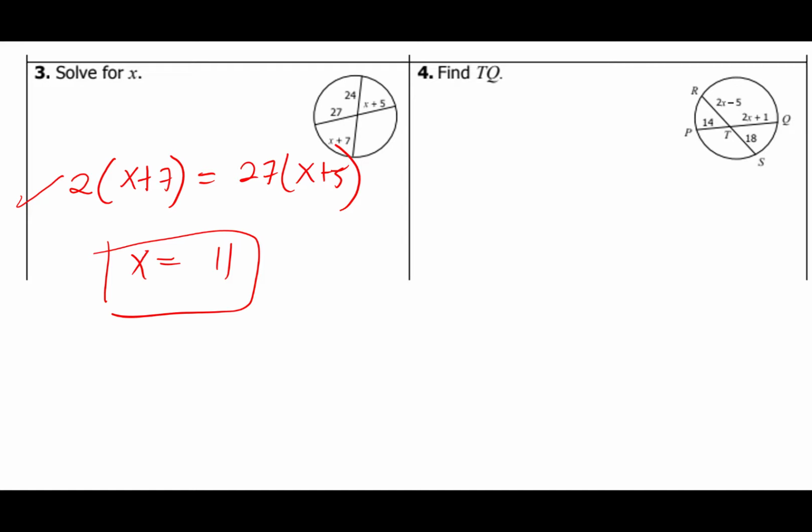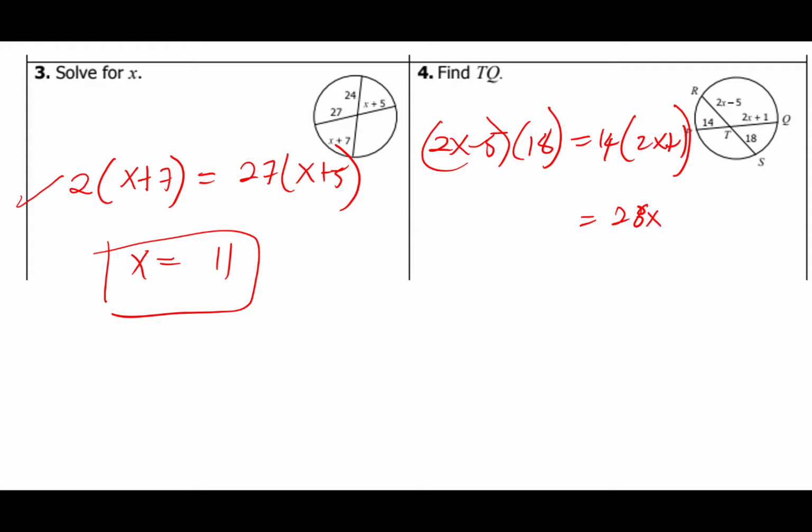All right, now let's look at number 4. For number 4, it's the same story right here. We're going to have 2x minus 5 times 18 equal to 14 times 2x plus 1. And solving that equation, make sure you distribute this properly right here. You're going to have 14 times that, which is going to give me 28x plus 14.